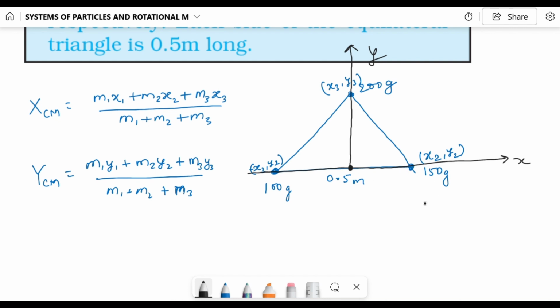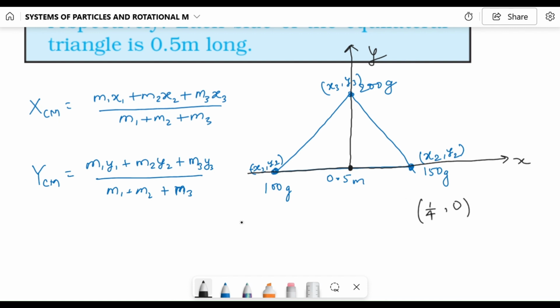So here x2 will be 0.25, or let me write it as 1 by 4 meter. I'm not writing units; we have understood that lengths are in meter and masses are in gram. So x2 will be 1 by 4, meaning half of half, and the y coordinate y2 will be 0.